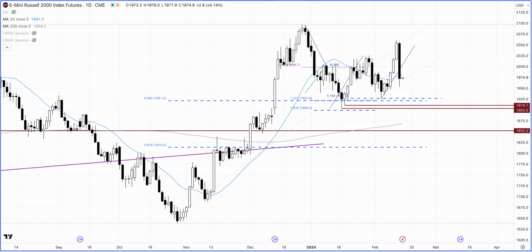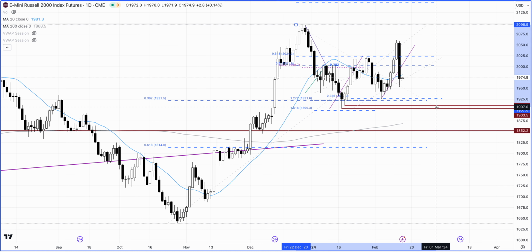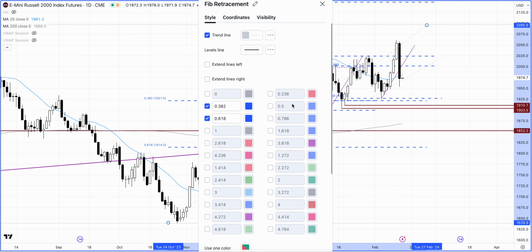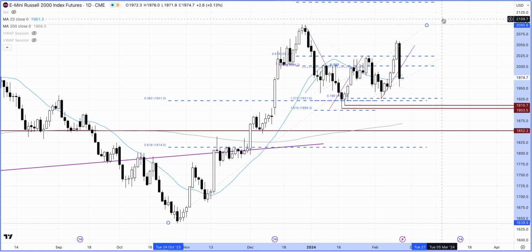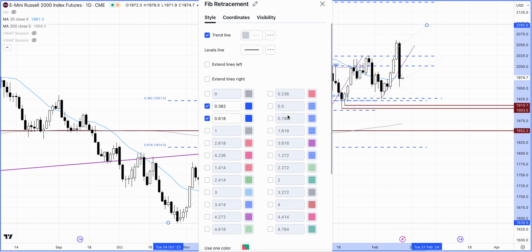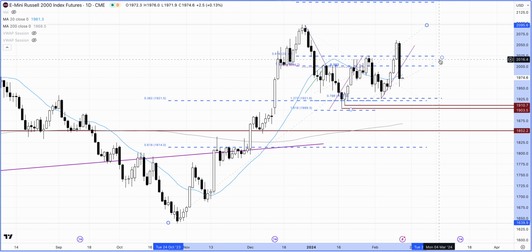And let's see if we have got some retracement around here. And I believe it retraced to about 78.6%. Oops, I think I drew the wrong one. Oops, I keep on drawing the wrong one. Why is that?